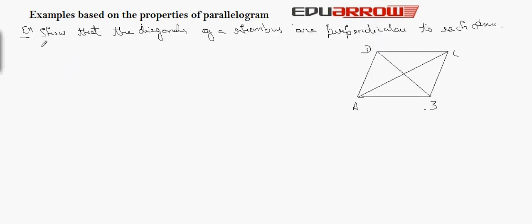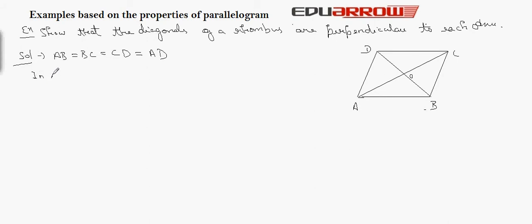Now another example. Show that the diagonals of a rhombus are perpendicular to each other. Now consider a rhombus ABCD and we know that in a rhombus all four sides are equal. So we can write AB is equal to BC is equal to CD is equal to AD, as in a rhombus all sides are equal.